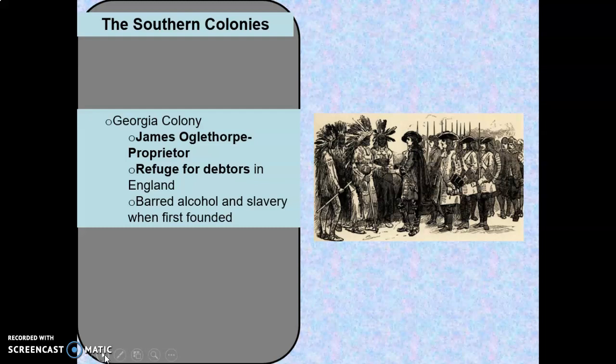So this was a debtor's prison refuge. In other words, they could come to Georgia and start a new life from England. If you look, Oglethorpe barred alcohol in the colony and slavery. So in old Georgia, they didn't even have slavery way back in the day.